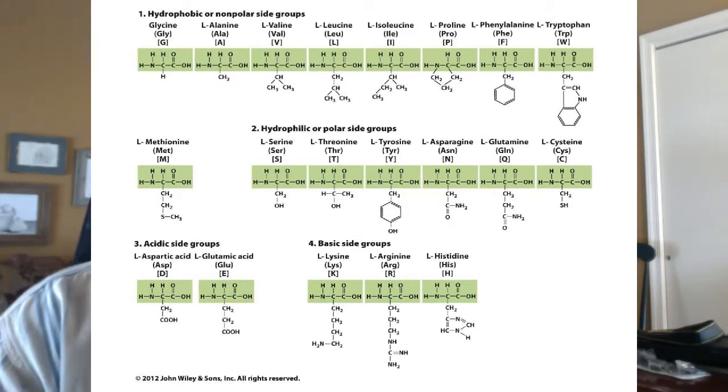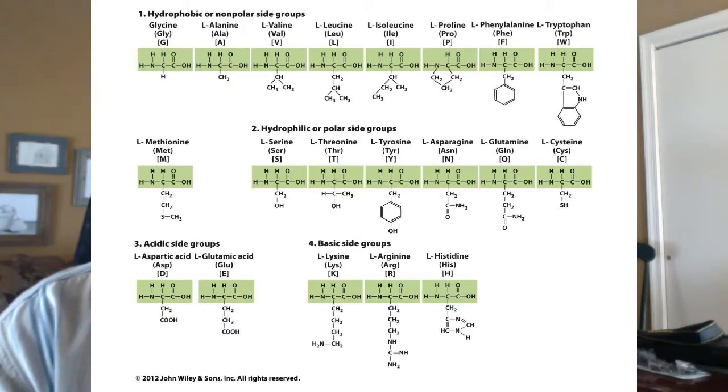Now, there are 20 of them. I usually tell students, if you look at the names, you should certainly be familiar with the names. Glycine, alanine, valine, just reading the three off of the top row. And notice underneath each name is the three-letter code designation for each of the amino acids.